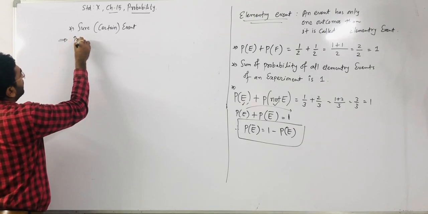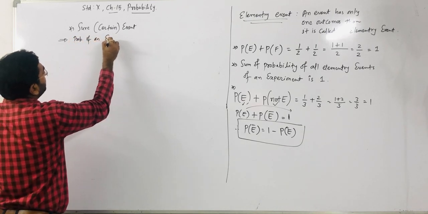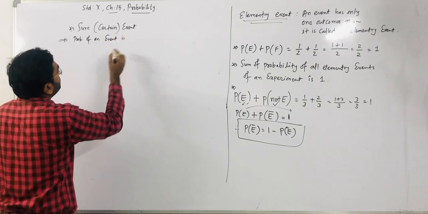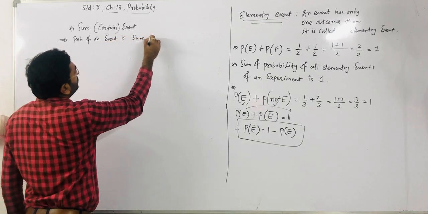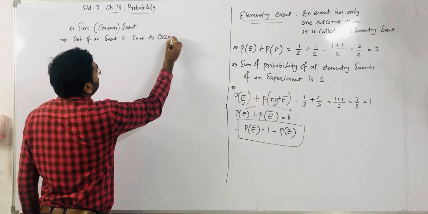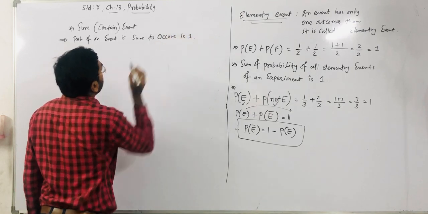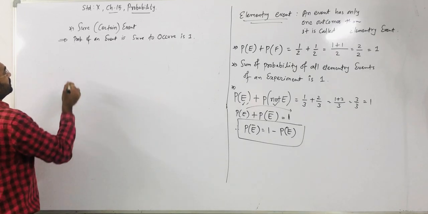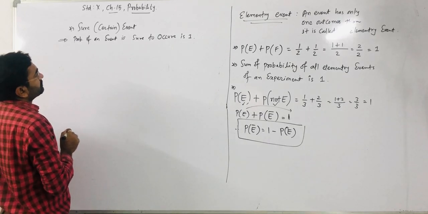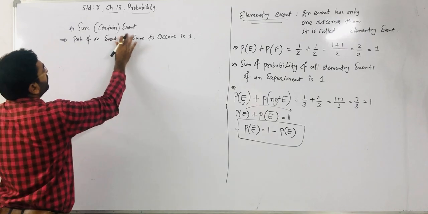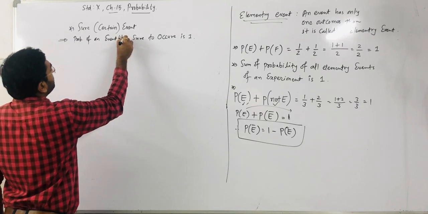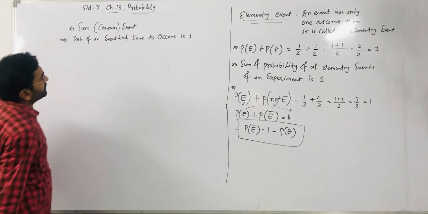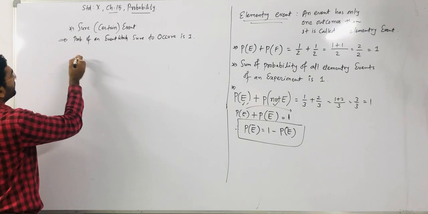The probability of an event which is sure to occur is 1, then it is called the sure event or certain event, right?